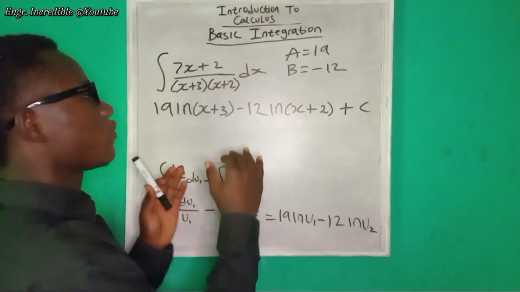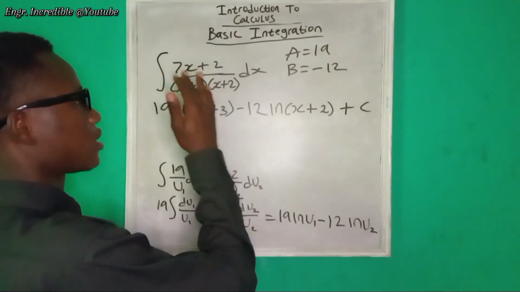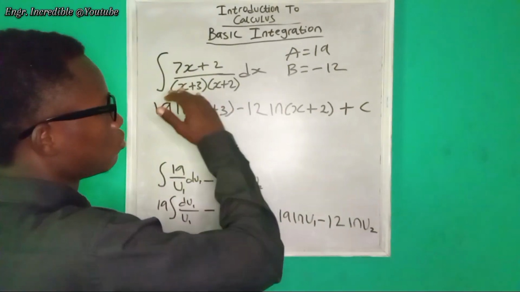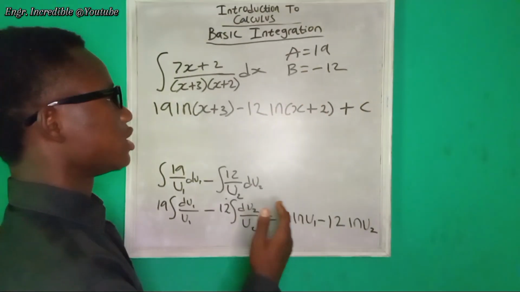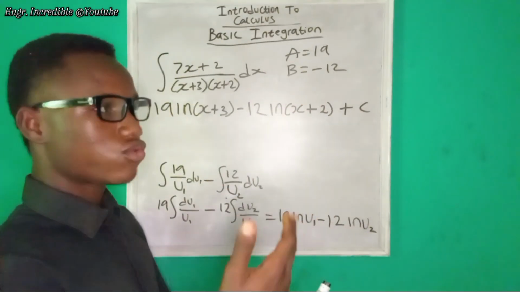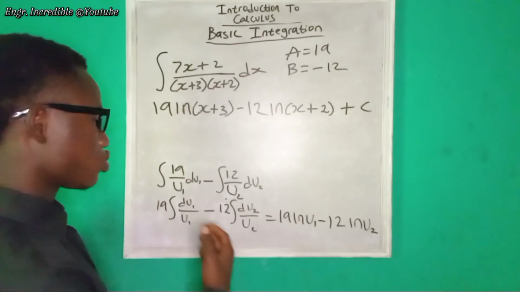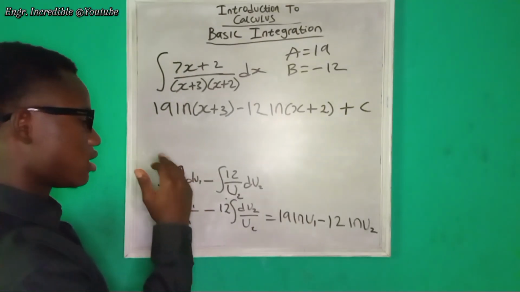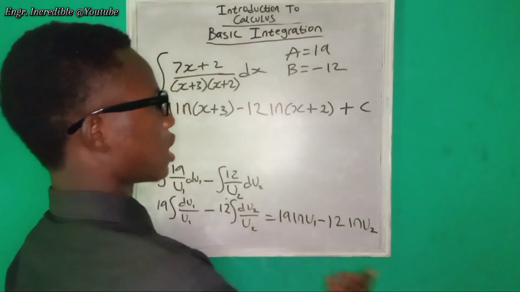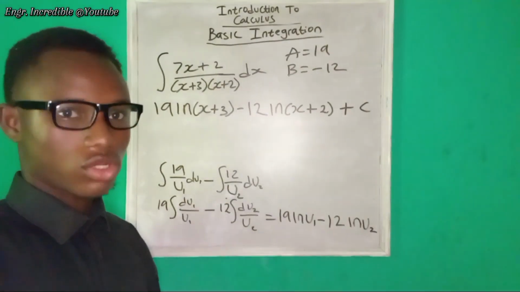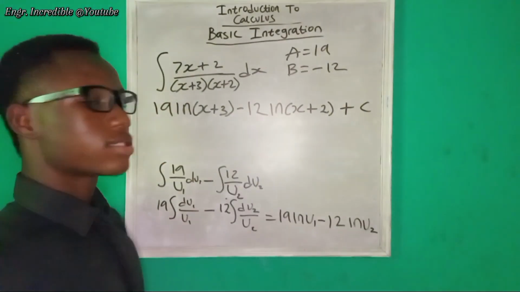But here it is straightforward. You already know directly that you are using partial fractions. We break it down into a and b. We got our values for a and b. Then we solved the two resulting integrals separately, and after integrating them, we got our answer with its constant. So that is how we got the answer.